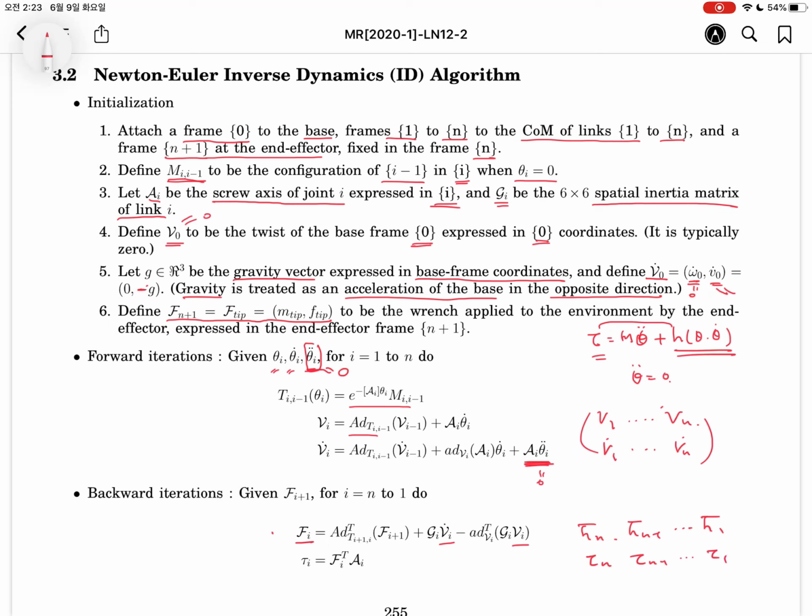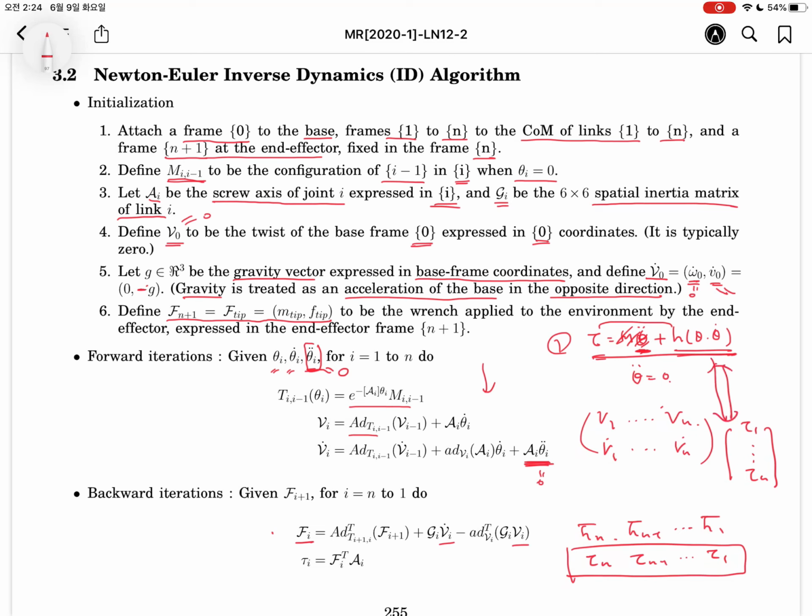Okay, let's come back to the original equation. This algorithm actually implements this one. Theta double dot is given as 0, so this term is 0. So by collecting tau 1 through tau n as a vector, it corresponds to h.